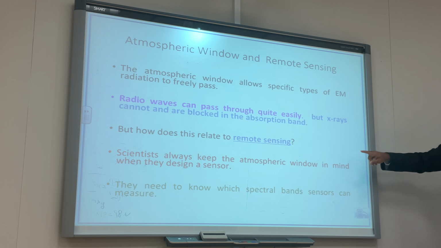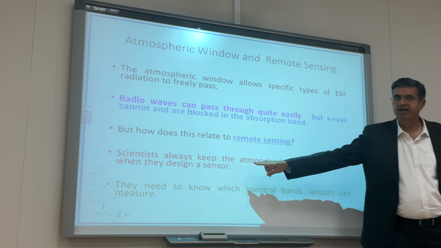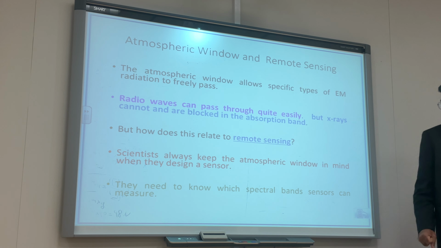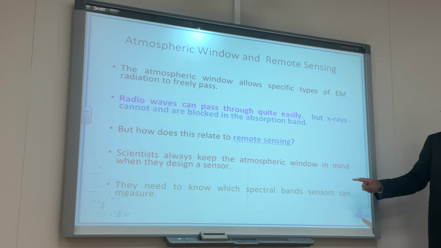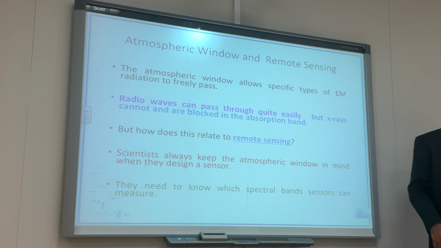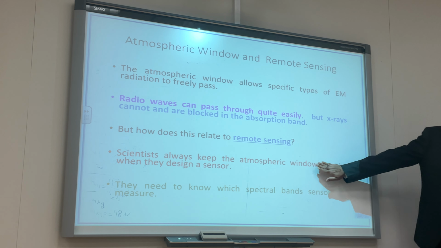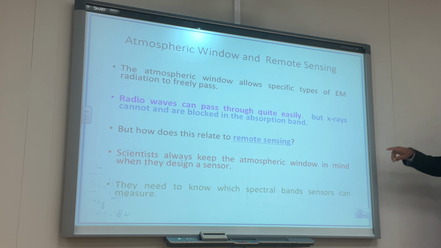It says scientists always keep the atmospheric window in mind when they design a sensor. They need to know which spectral bands sensors can measure. Okay? So this statement is important: scientists keep in mind the atmospheric window when they design a sensor.